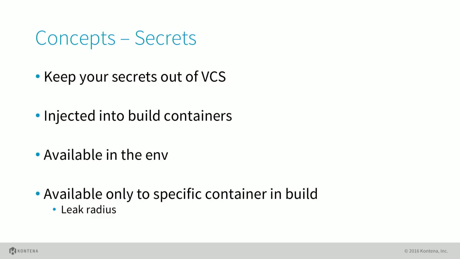In Drone, you can actually control the secrets in a way that you define that certain secrets are available only to certain Docker images and certain Docker containers in the build process. So it gives you a way to control the leak radius of your secrets so that you can make sure that not all containers launched as part of the build process can access my Docker Hub password, for example. So I can restrict the secrets injection.